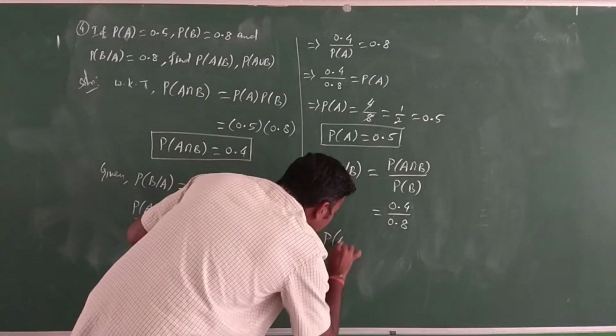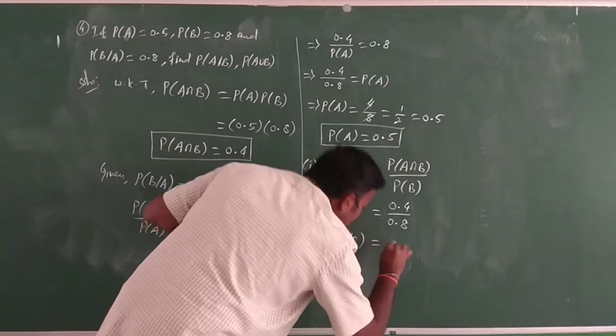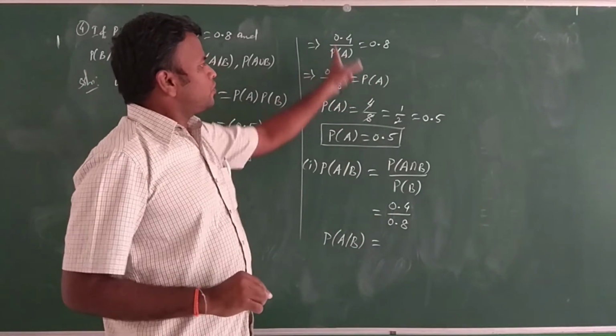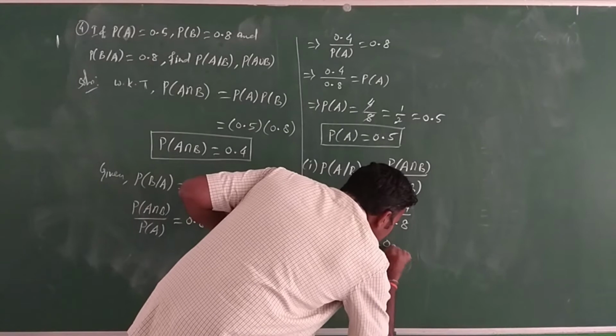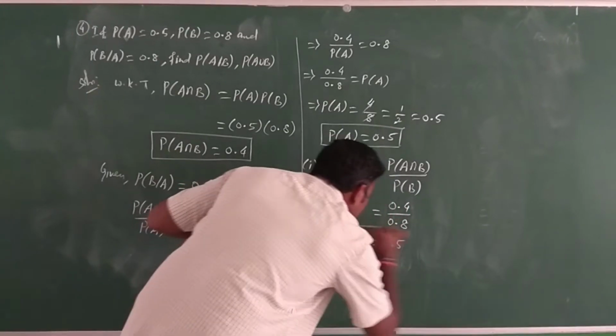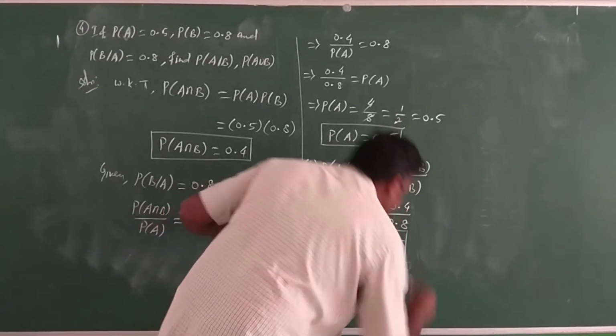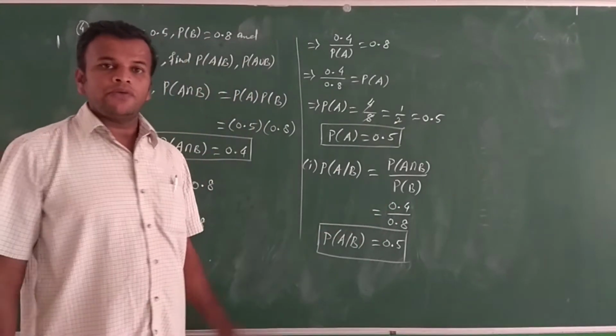So P of A by B is 0.4 by 0.8, which we simplify to get 0.5. So the first answer is 0.5.